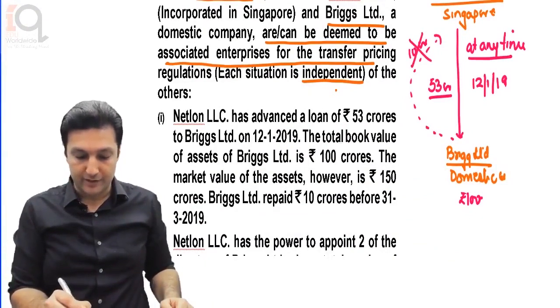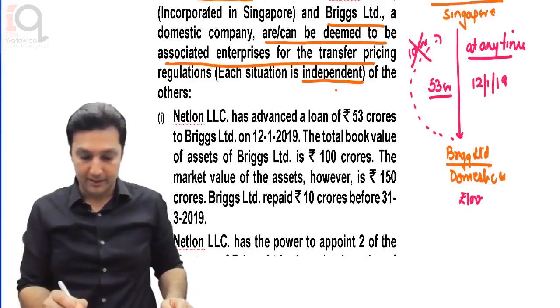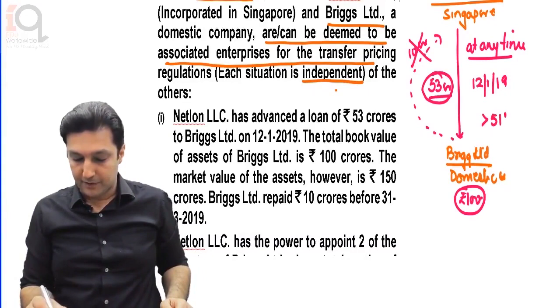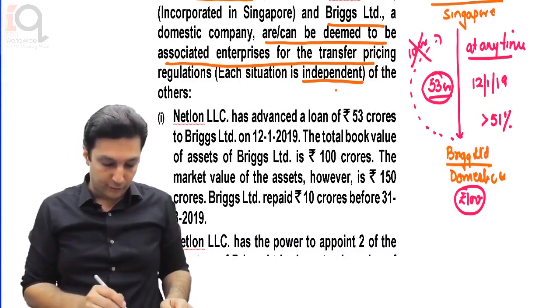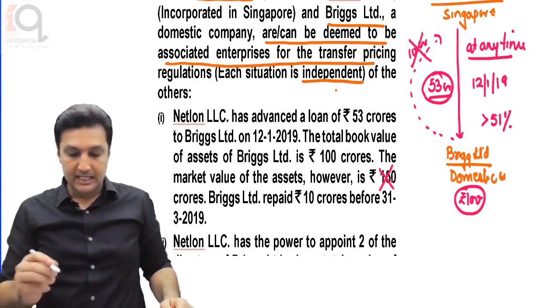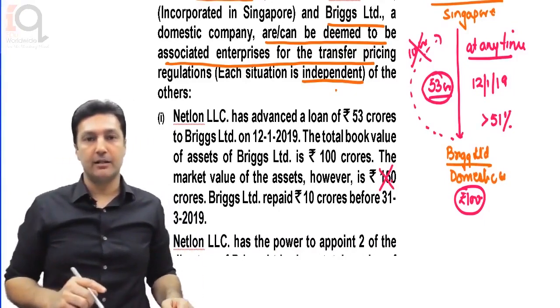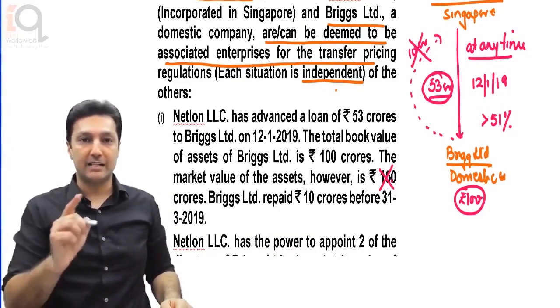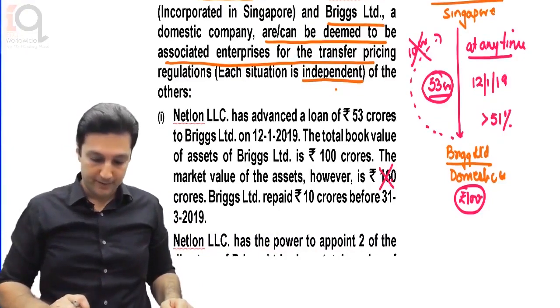So even if the loan is repaid, doesn't matter. At one point of time, the loan advanced was more than 51% of the book value. So the market value is of no relevance. Therefore, Nelton Singapore and Briggs Limited, a domestic company in India, are deemed to be associated enterprises as per section 92A.